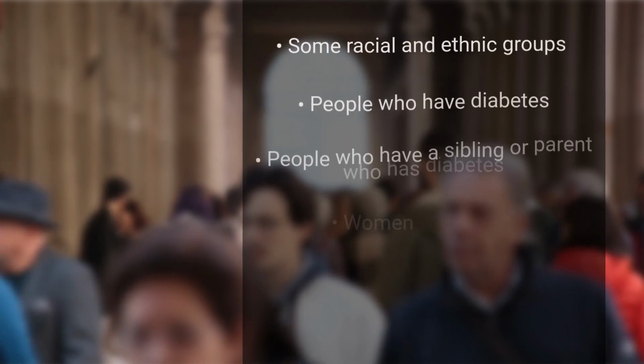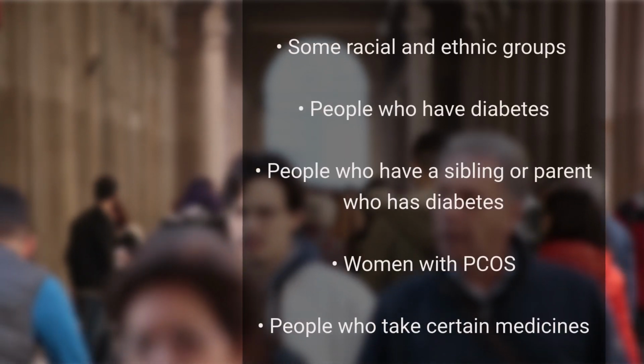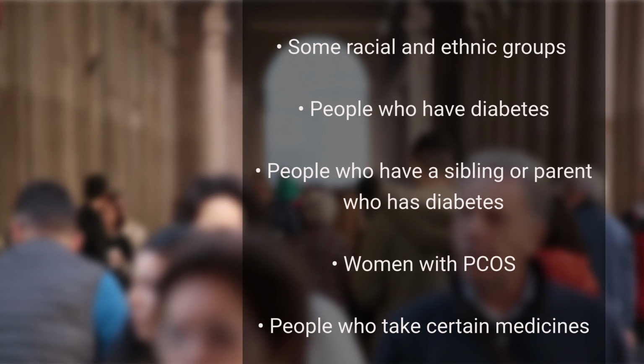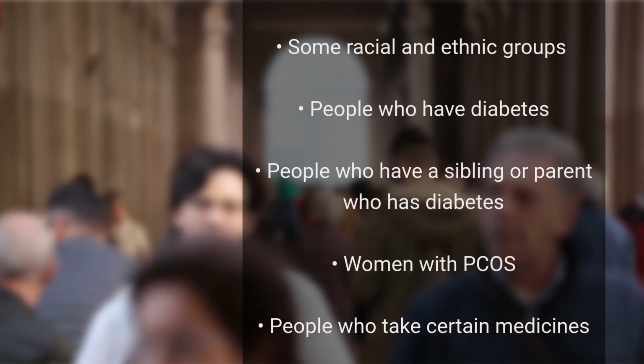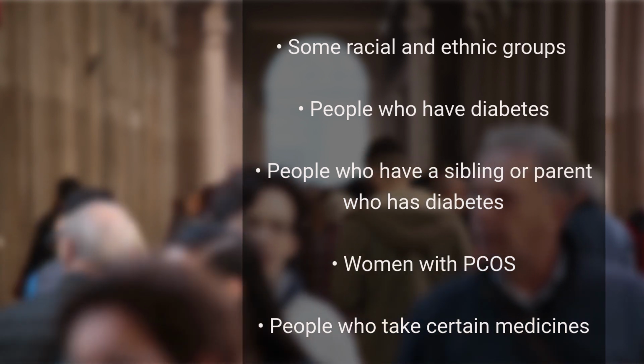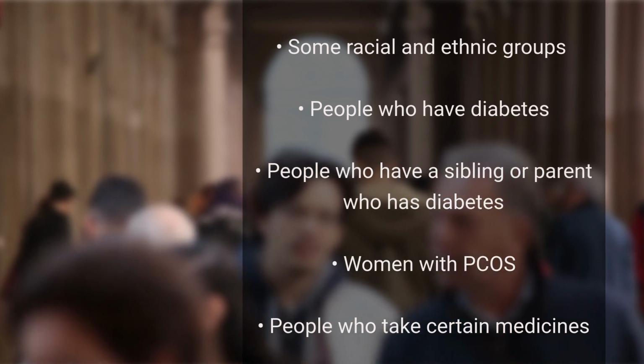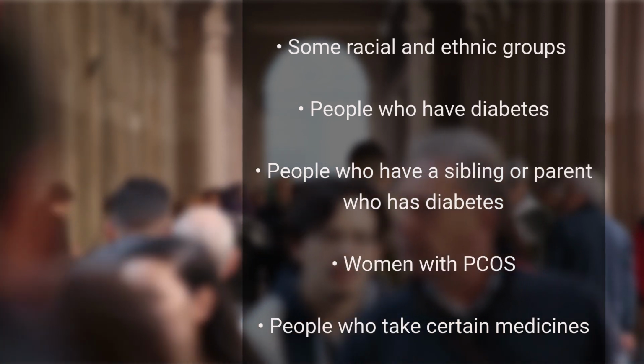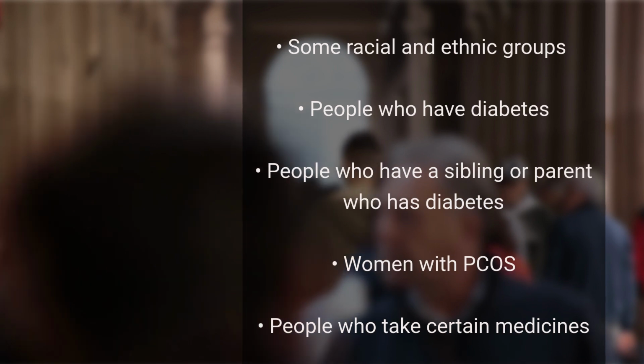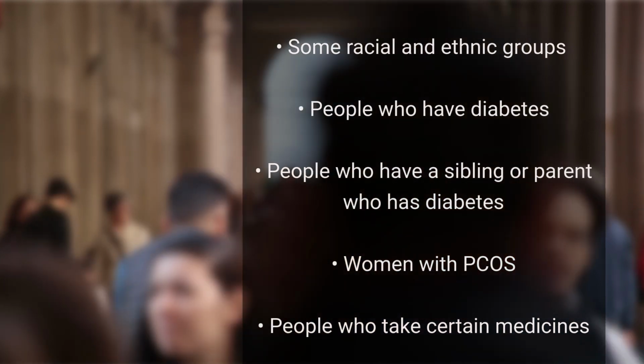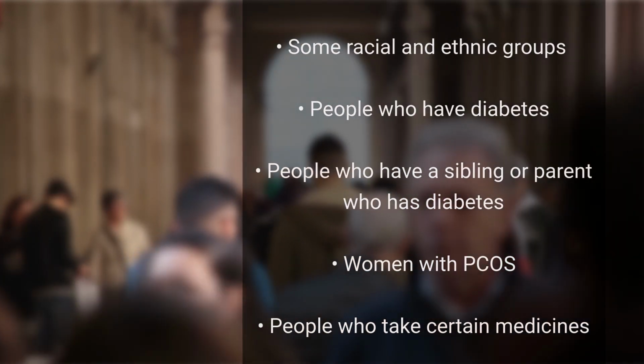Some racial and ethnic groups. Mexican Americans have the highest rate of metabolic syndrome, followed by whites and blacks. Also, people who have diabetes, and people who have a sibling or parent who has diabetes. In addition, women with polycystic ovary syndrome, or PCOS.